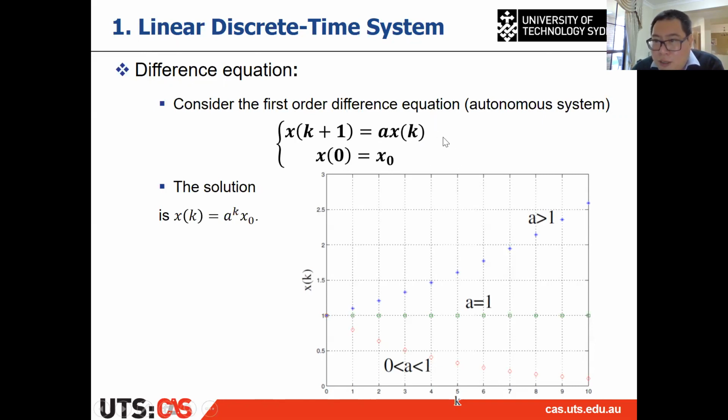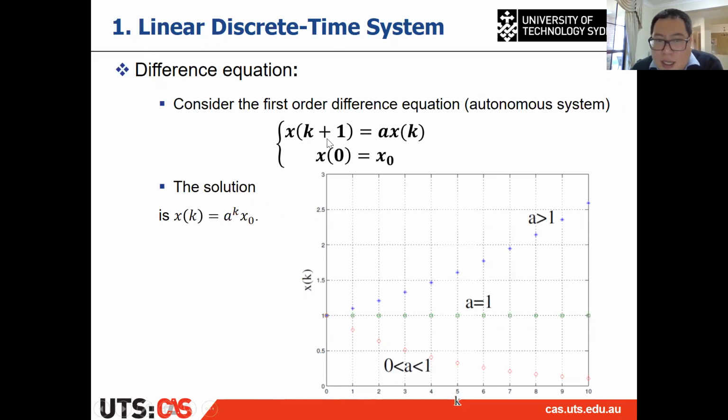But here, for a very simple case, I didn't mention that. So it is a bit different because there is no x dot there. Instead, it is x(k+1). So x(k+1) is a linear equation of x(k), which means the state in the next step is a linear function of the state in the current time step. All right, so that's still the difference equation, but it is a little bit different from what we have in the continuous time system.